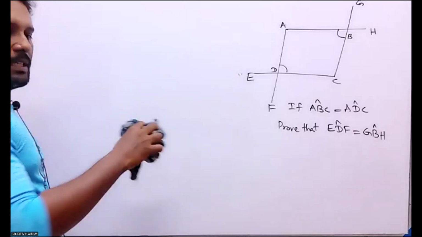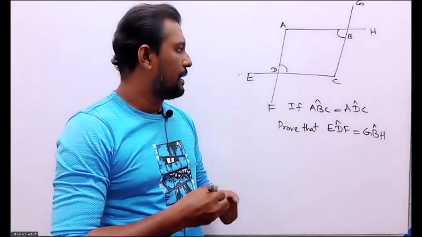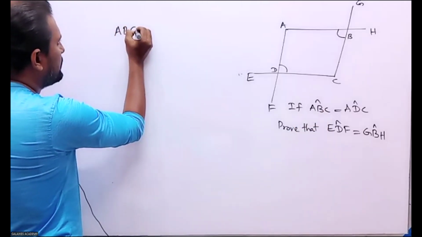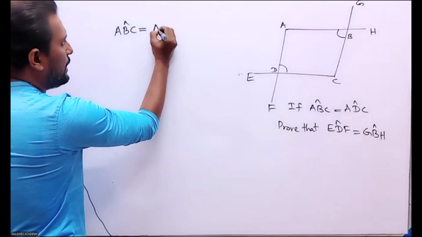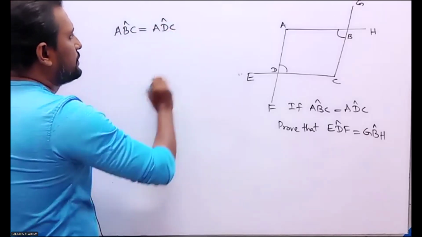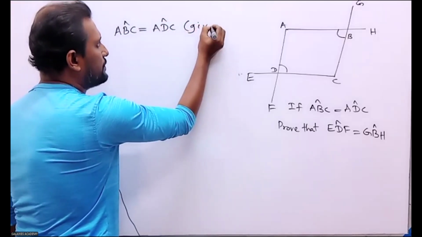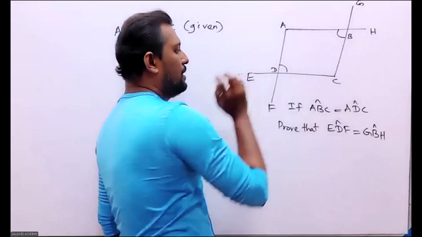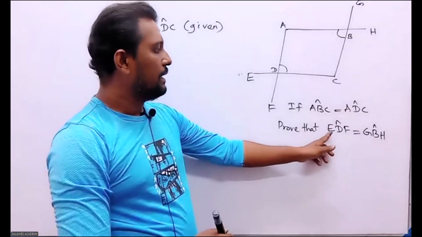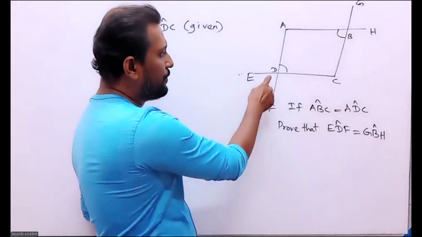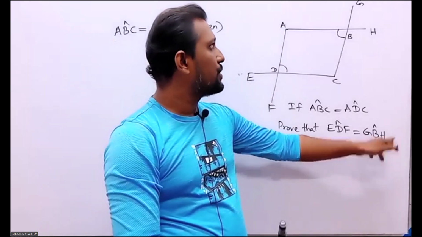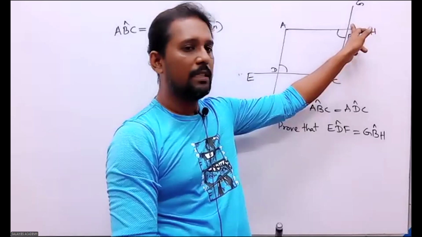Right. The question gives the data that ABC angle equals ADC angle. It is given. Then you have to show that EDF angle, this angle, equals GBH angle, this angle.